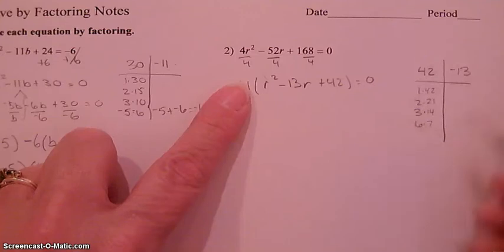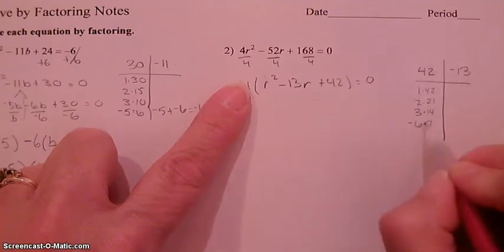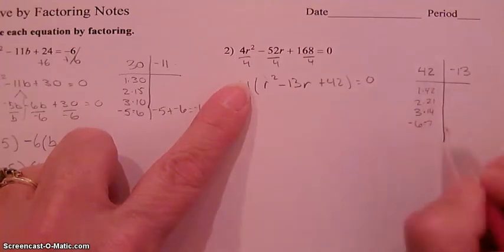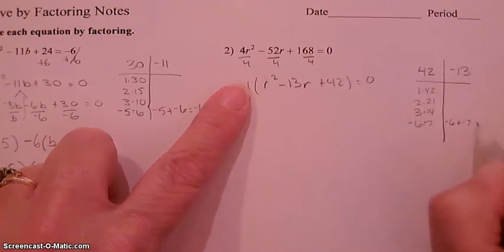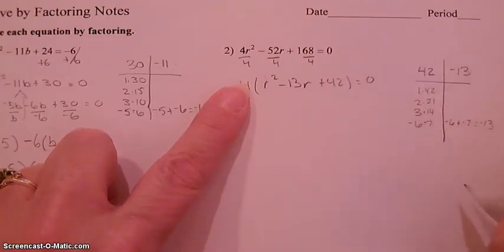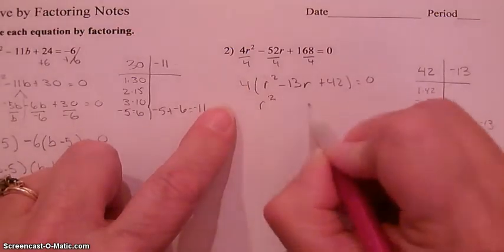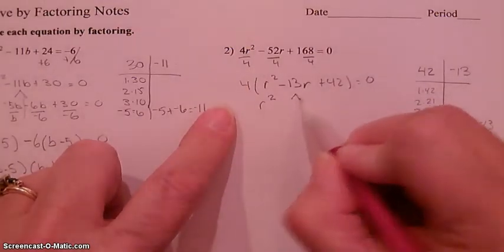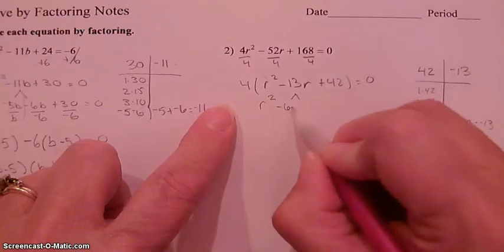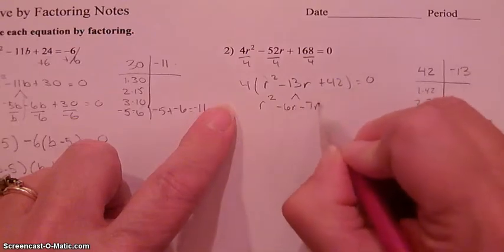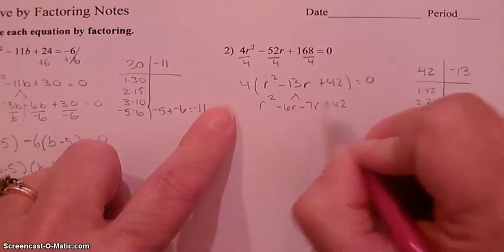When I look at these, I realize that a negative 6 and a negative 7 multiplies to give me positive 42, and negative 6 plus negative 7 will give me negative 13. Okay. So now I'm going to expand this middle term. r squared becomes negative 6r minus 7r plus 42.